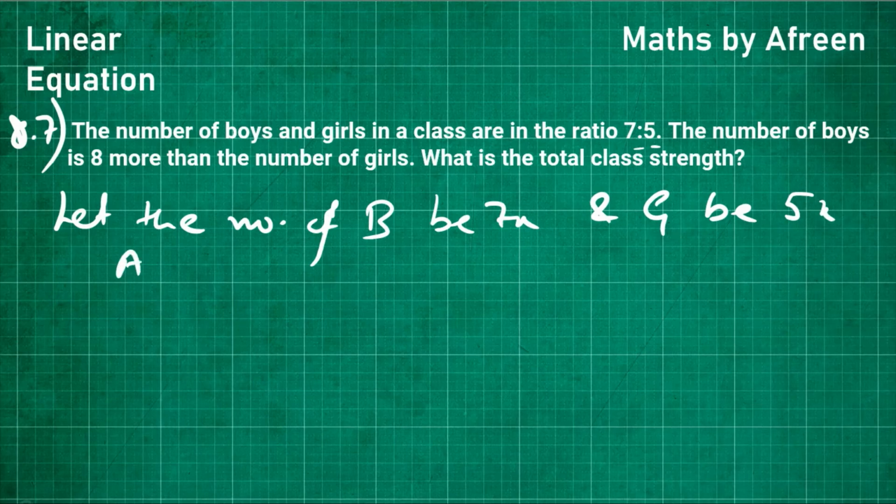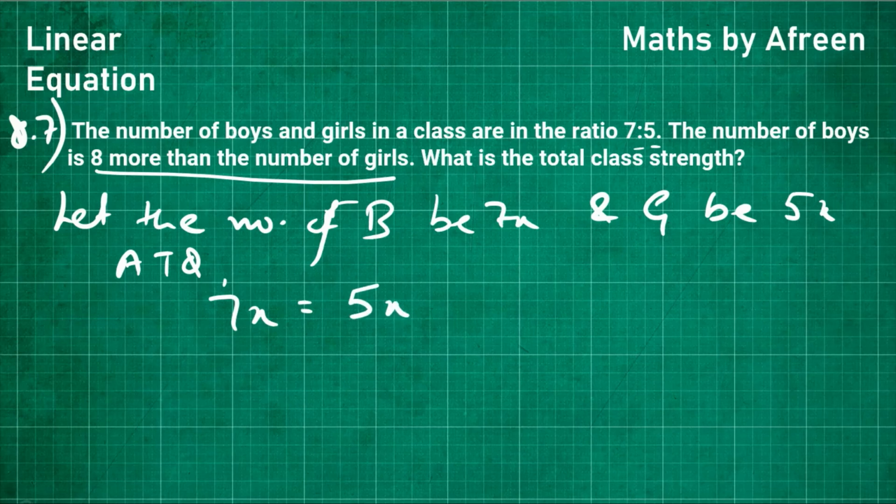Now according to the question, the number of boys and girls are in the ratio 7:5, that we have done. The number of boys is 8 more than the number of girls. So the number of boys is 7x and they are 8 more than the number of girls. Girls are 5x, 8 more than means plus 8.